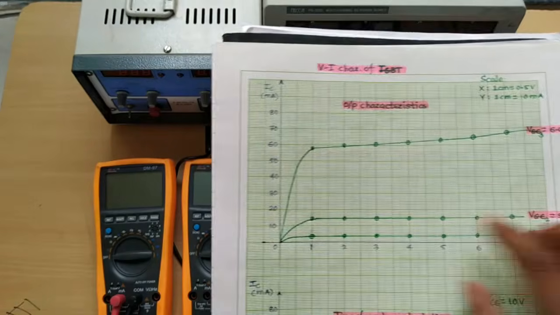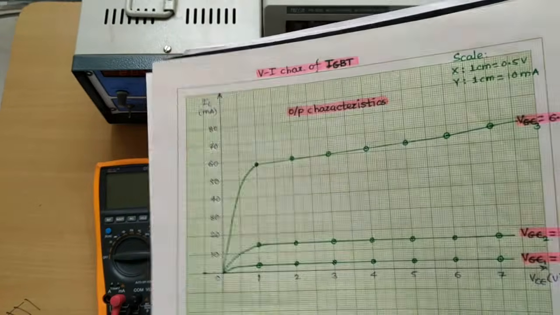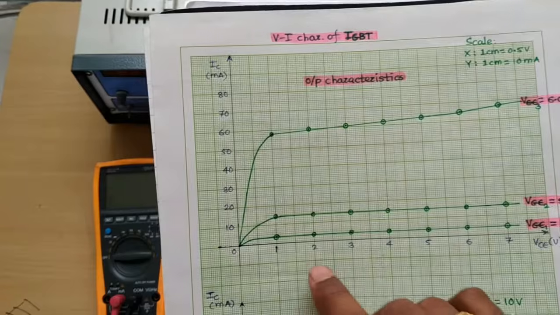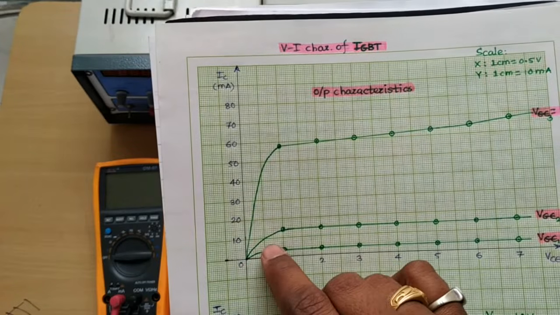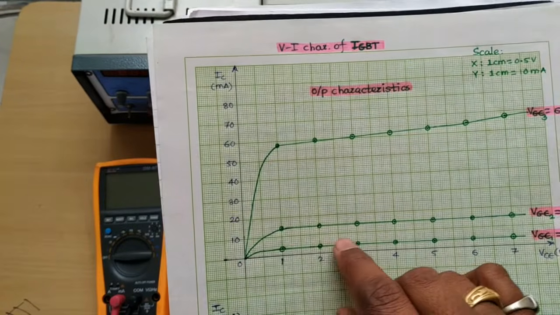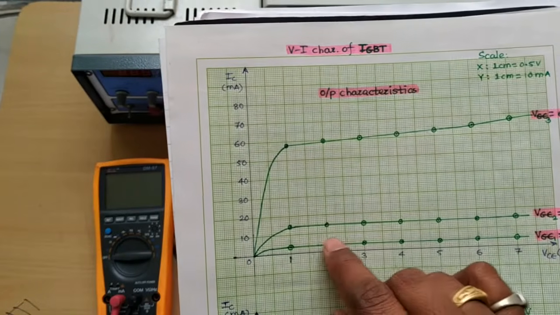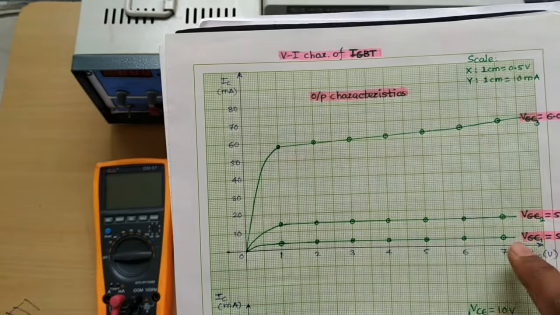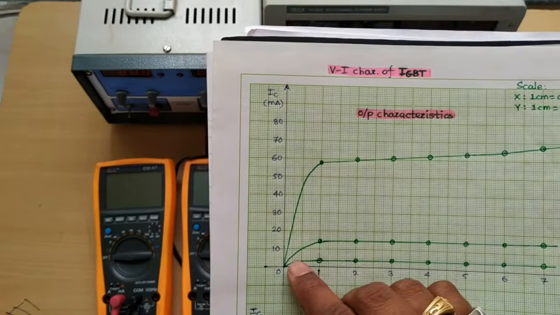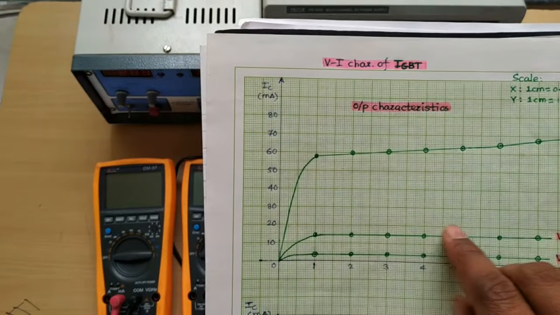From the first graph, the output characteristics, you can identify that your current initially rises and after that it remains constant. Even if you change the voltage, your current almost remains constant. But if you change the input voltage, your current again rises and then again becomes constant.